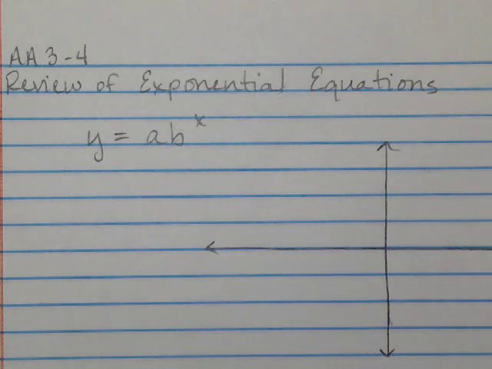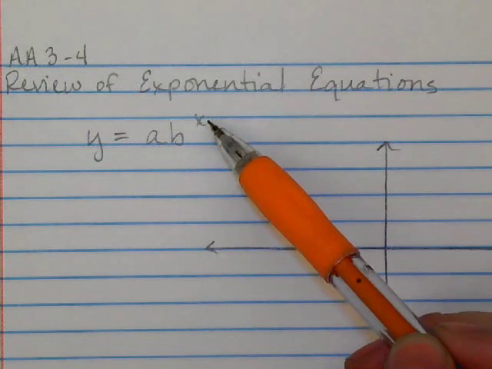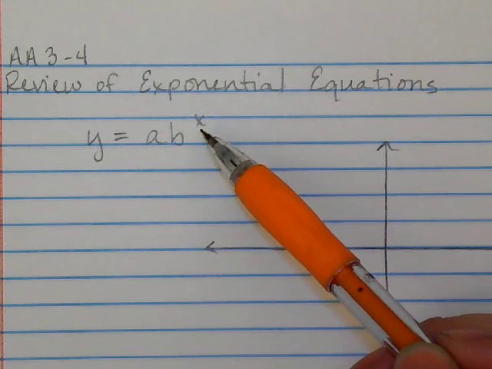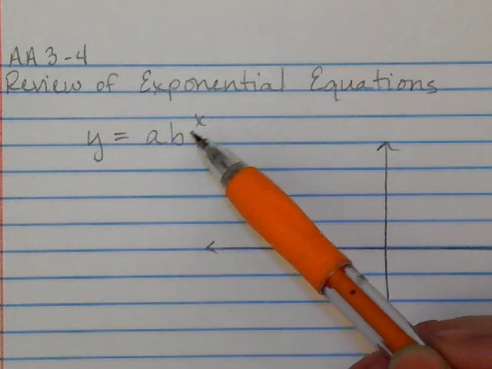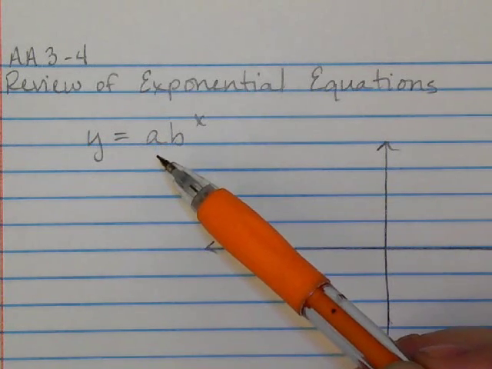So, to get into logarithms and how to use them, you need to understand what is happening with exponential equations. When the variable we're working with, usually x, is the exponent, that's an exponential equation. If we have a number for the exponent, that is not an exponential equation. Does anybody know what part of the equation a is?